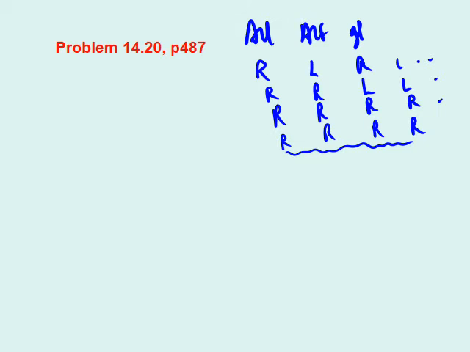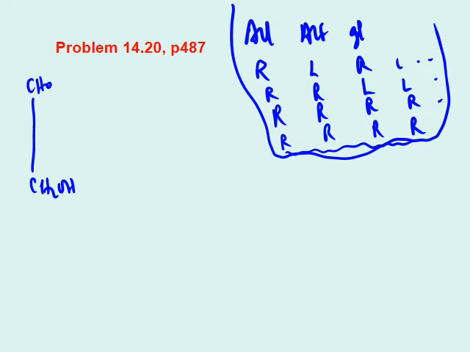Now let me write down D-allose to begin with. Allose is the first one. CHO on the top, CH2OH on the bottom. Now let's highlight these things.